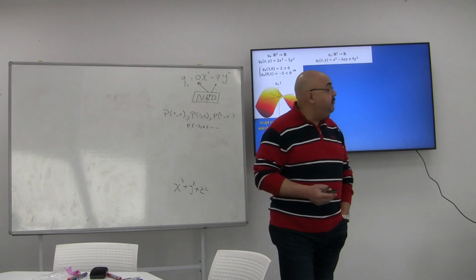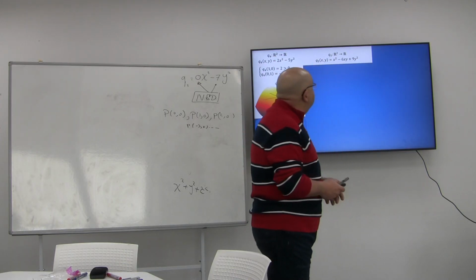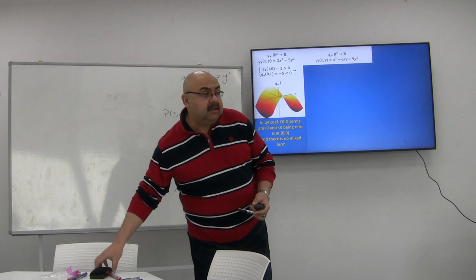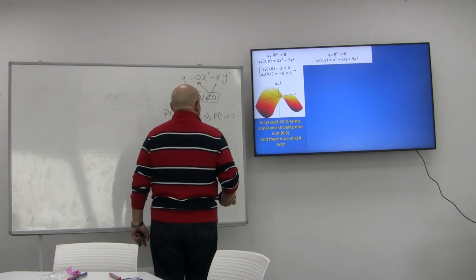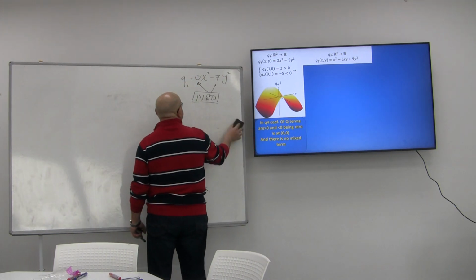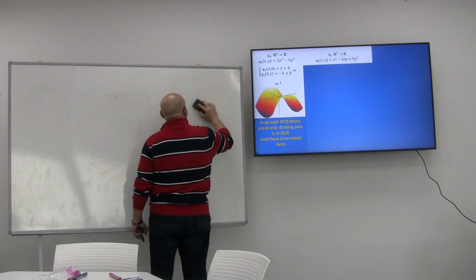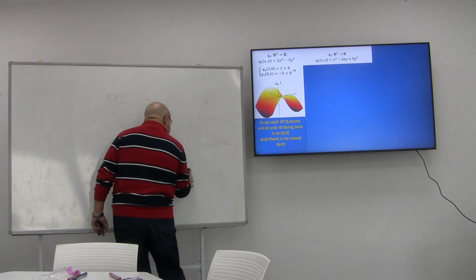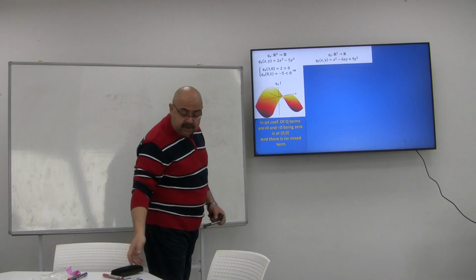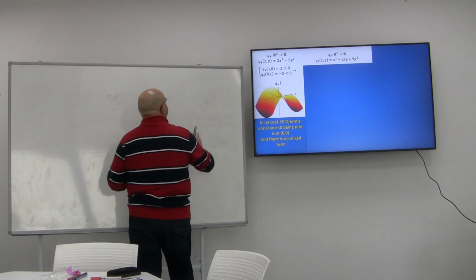If you look closely at x squared minus 6xy plus 9y squared, you are lucky for this one, because the coefficients will help you get a perfect square.